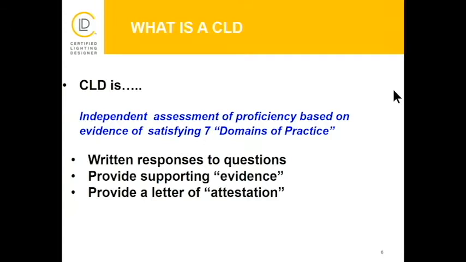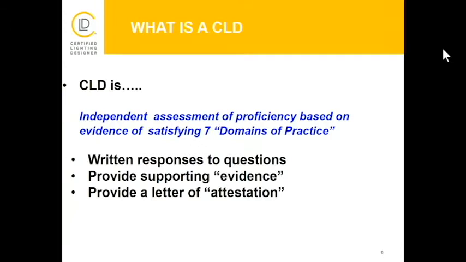Now, the 7 domains of lighting practice evolved out of quite a lot of research into what lighting designers did and what members of the lighting design profession thought was important, and it has been field tested quite a bit and was found very robust before we adopted it as the CLD. Since we've been running the CLD, it has taken off, and it's a very good way to look at the profession. I'll come on to those 7 domains in a minute.